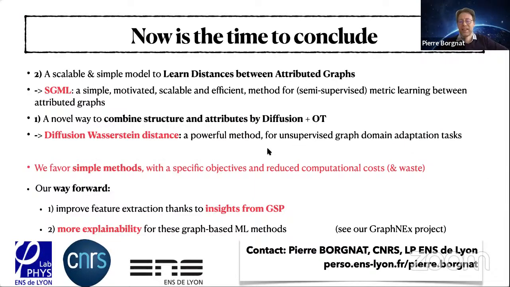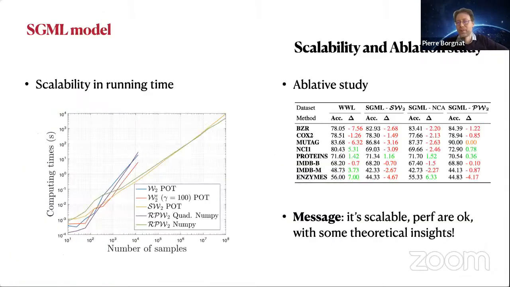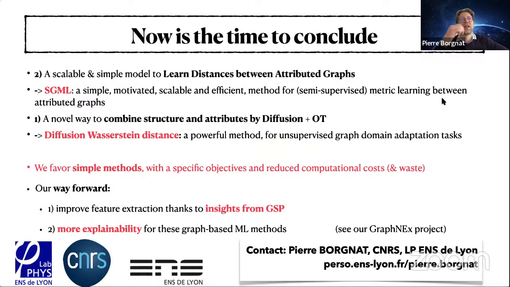I guess I'm almost over time, so I'm skipping the ablation study, but it just tells you that if you are not using this Nearest Class Mean metric learning or this slice projected restricted versus distance, we have not so good performance.